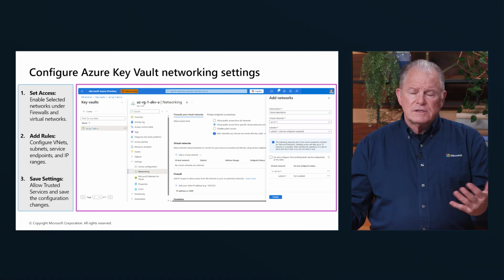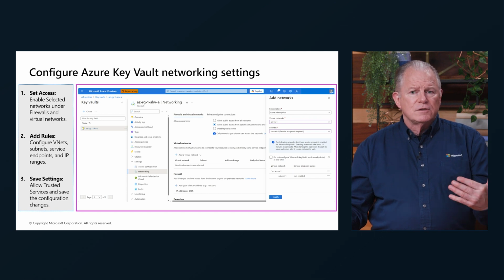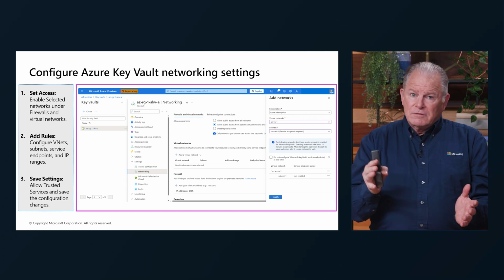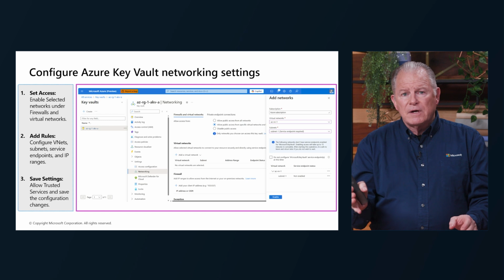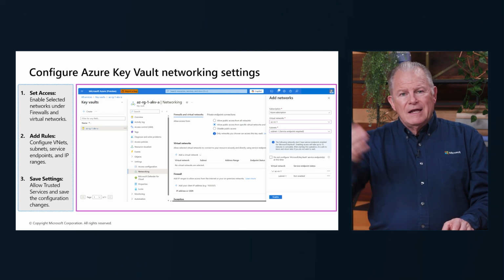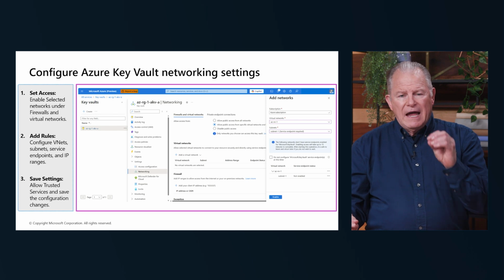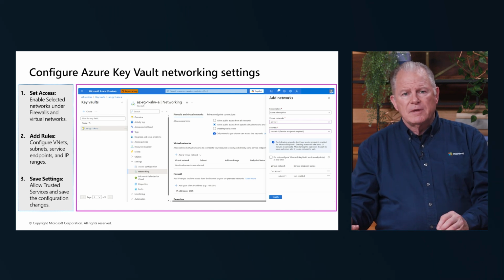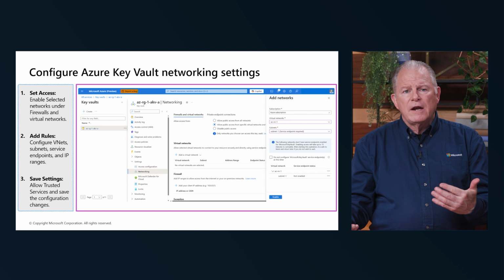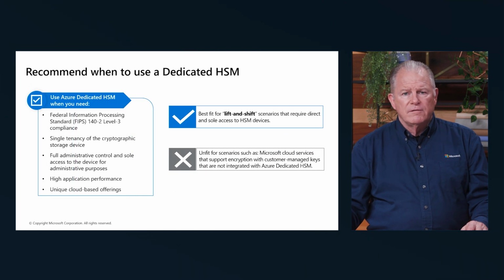It's one of the services, if you remember the terms we talked about, private link and private endpoints, or you have a service endpoint. So you could literally have your key vault on a different network segment, and if you have the service endpoint, it gets access to all the vaults, or if you want to give it a private endpoint, you could then give that projection of that key vault as an IP address onto the network segment that wants to access it. So there's a lot of different ways to control the network settings for the vault itself.